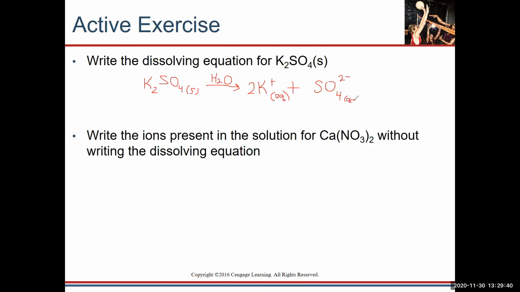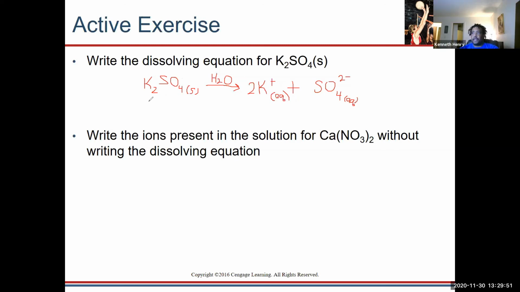Can you explain again why K2 turns into 2K plus? Okay, again, the reason why the sulfate and the potassium are interacting with each other is because of the charges.